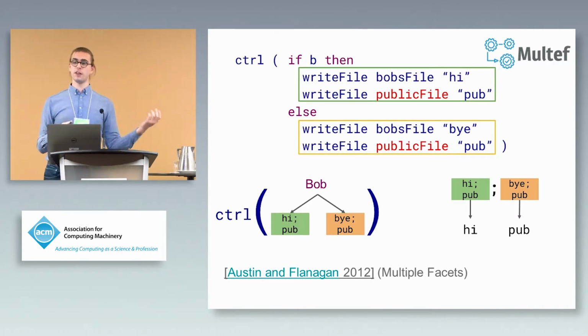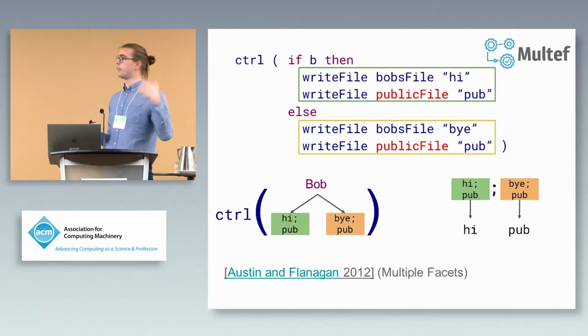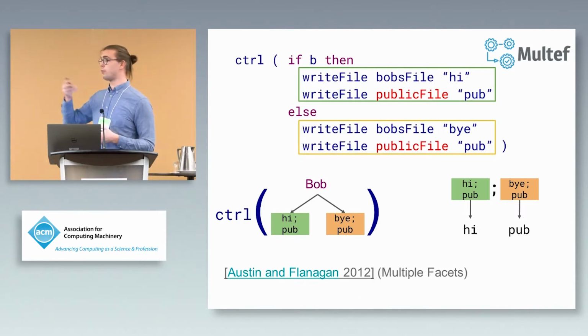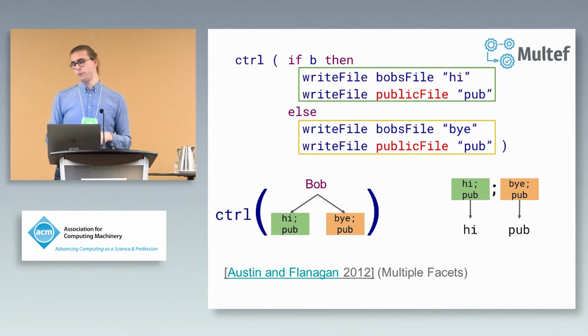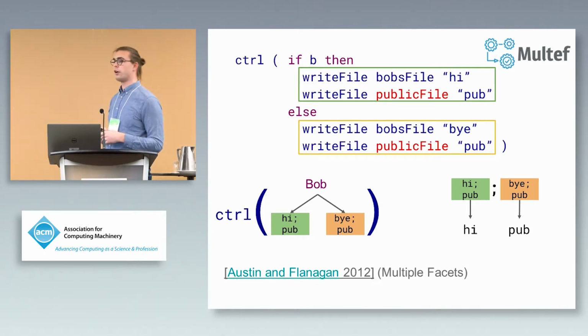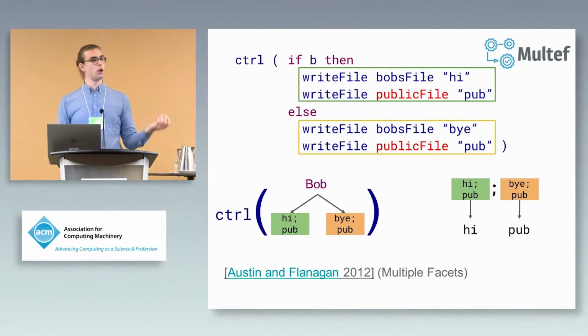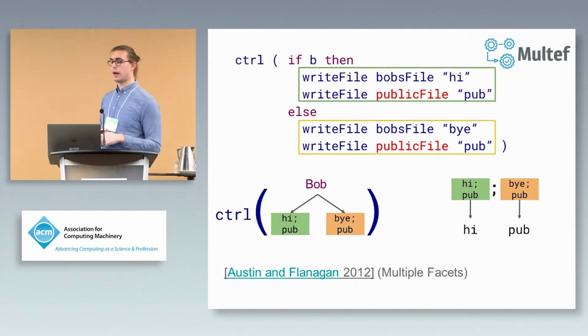So this would be rejected typically because we're writing to a public file in a sensitive context. However, what we see is that the write will be the same in both the branches of the if, so it doesn't matter. And under multef, in the sensitive context, where you get to see Bob's stuff, we'll only perform the hi write. And in the other context where you don't get to see Bob's stuff, we'll only perform the public write.